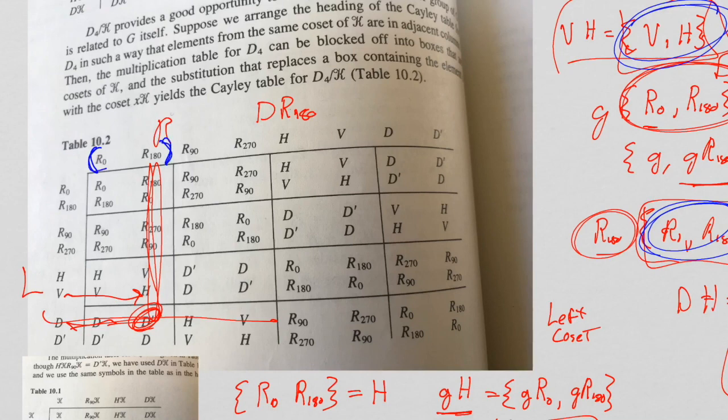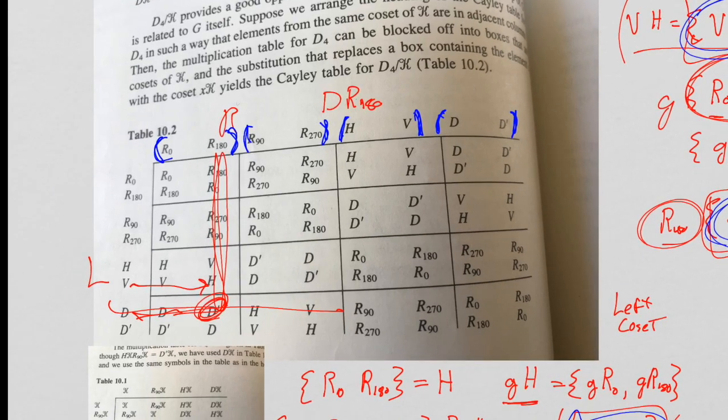It partitions the entire group into cosets. And here's the partitioning. It's been conveniently arranged on this table already because this chapter is illustrating this point. So this is a coset, this is a coset, this is a coset, and this is a coset.